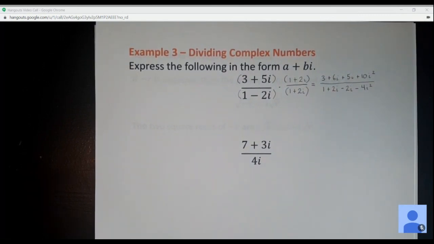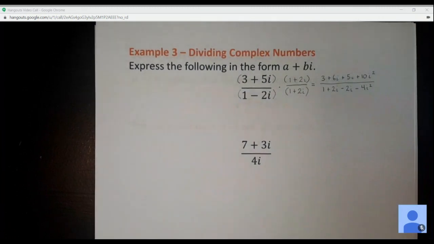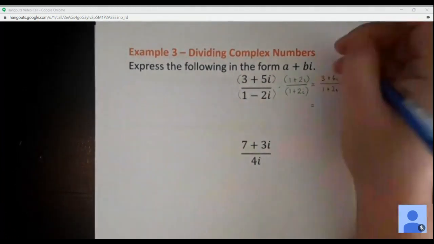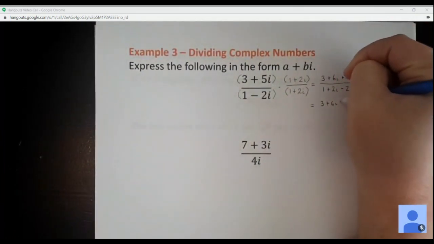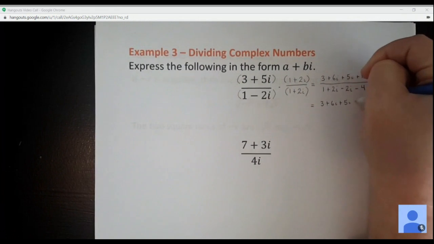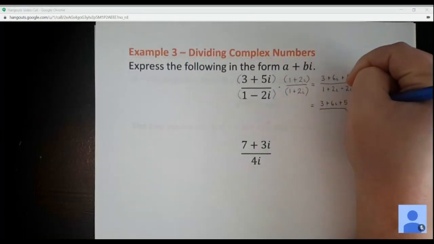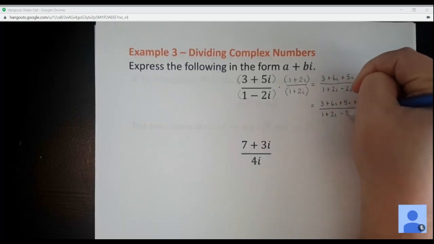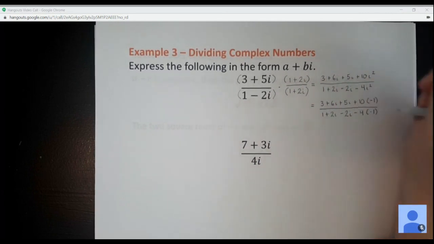Now, at that point, remember we said that i squared is equal to what? All right, so all those i squareds, I'm going to switch over to negative 1s now. So we end up with 3 plus 6i plus 5i plus 10 times negative 1 over 1 plus 2i minus 2i minus 4 times negative 1.